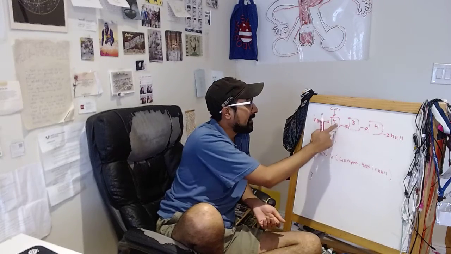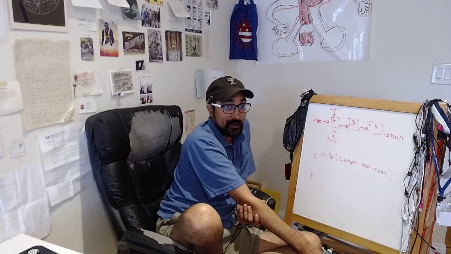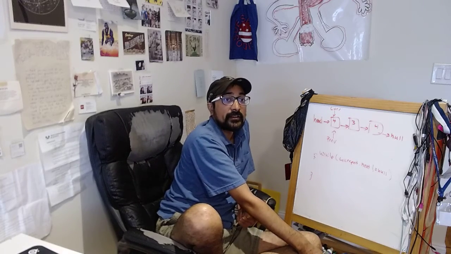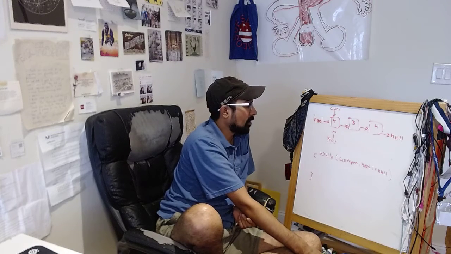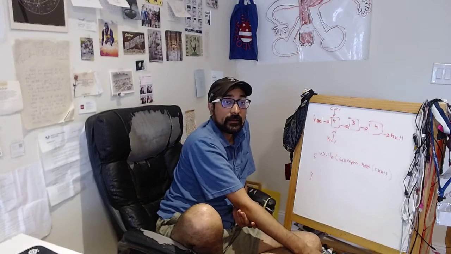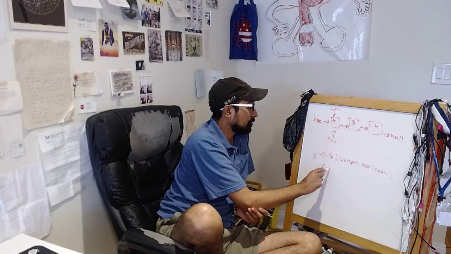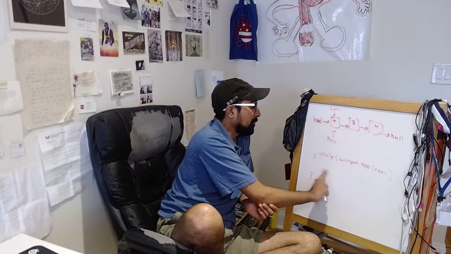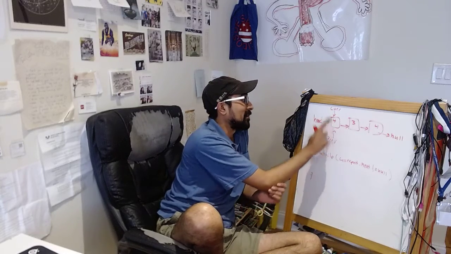Now we know that current next is not null, so we need to get to a point where current next is null. What we want to do is make current equal to current dot next. But before we do that, we want to make previous equal to current.